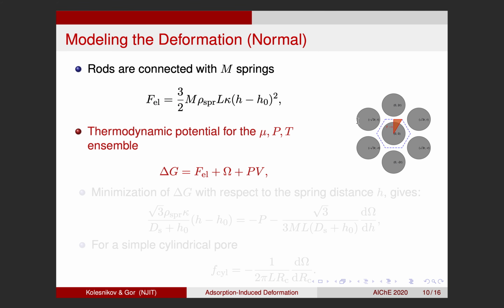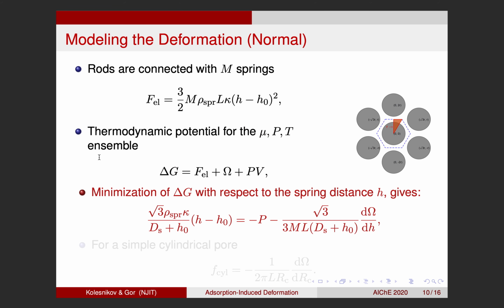Then we write the thermodynamic potential for the ensemble, taking into account the elastic free energy given by Hooke's law here, and then minimize it with respect to the spring distance and get this equation for the sought solvation pressure.